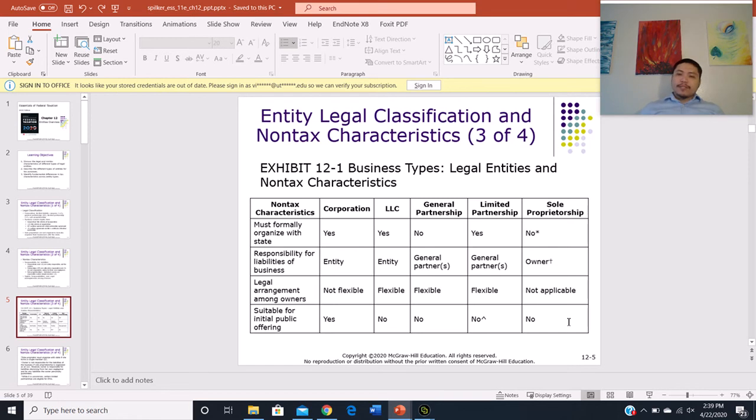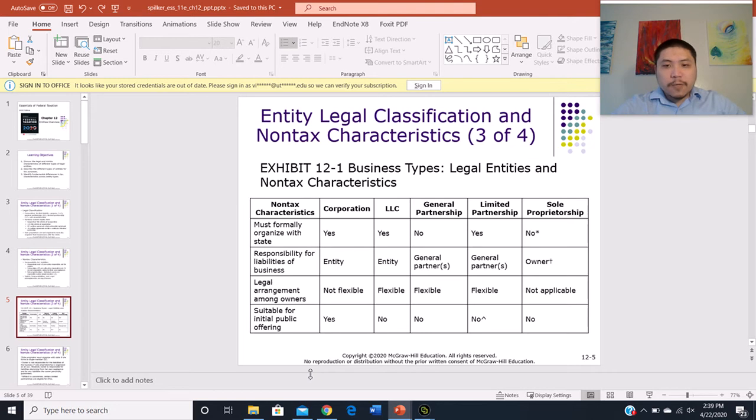And sometimes there are some exceptional cases with limited partnerships. It's very rare, but in certain industries and certain cases, a limited partnership can also go into an IPO. But it's not that common, you know.